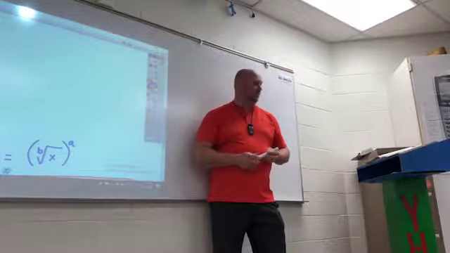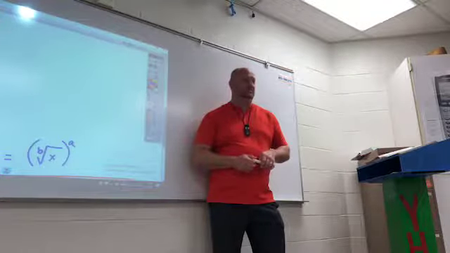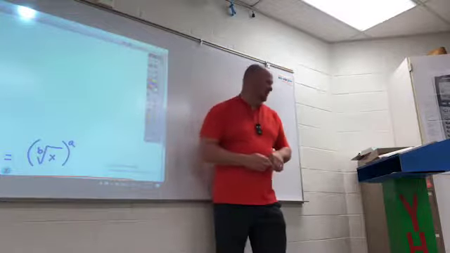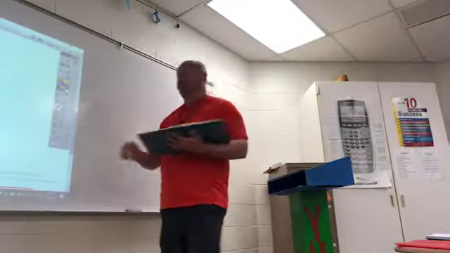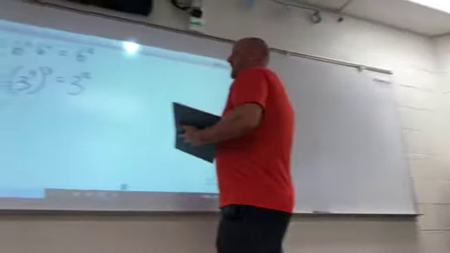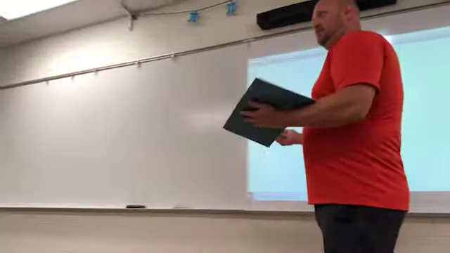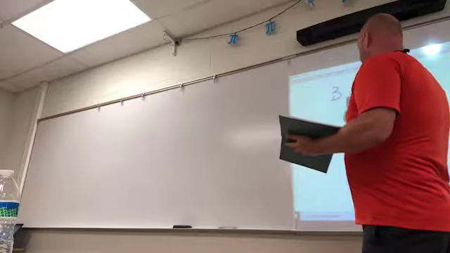I bet everybody's looking at one question. Which one looks the hardest? 4? All right, let's do 4 and 5. 4, I agree. It kind of does look hard because you got some decimal exponents in there, right? Yuck. Nobody likes decimal exponents.